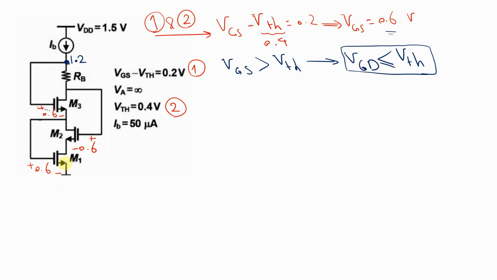Starting with M1, VGD1 equals, what is the gate voltage? The gate is equal to 0.6 minus the drain voltage of this transistor, which is here. So how can we calculate this? Just follow this path, starting from here, 1.2 minus, what is the current through this RAB?